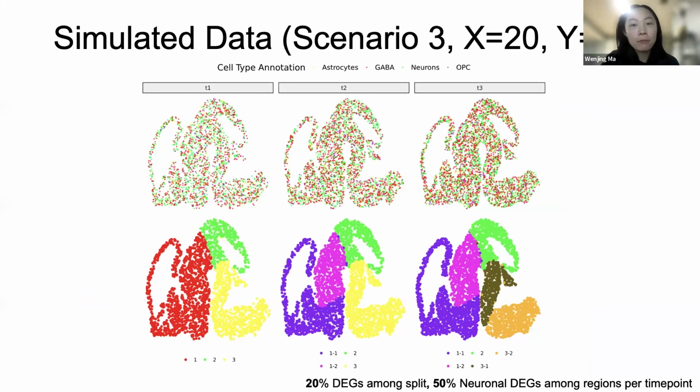If you look from a cell type view, because each domain consists of these four cell types, although they have a certain number of genes along the development, if you look at the cell type annotation, you will see it's really just a mix of all the cell type information. But if you look from the domain view, you will see that each one is separated into domains. So here is the ground truth to show, from a cell type view or from a functional domain view, how these brain vesicles look.